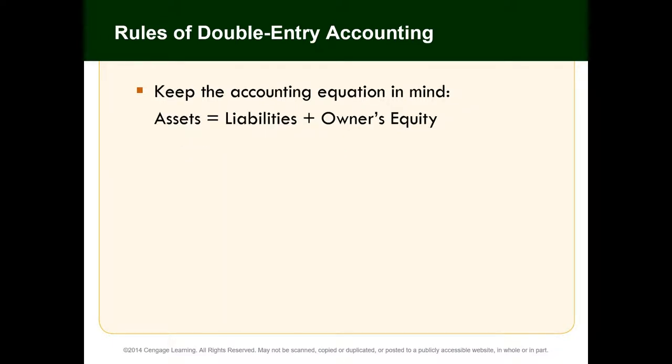Keep the accounting equation in mind as we do our analysis. Assets equal liabilities plus owner's equity. Just remember that. What is that equation? The balance sheet equation. And what's the other name for the balance sheet?